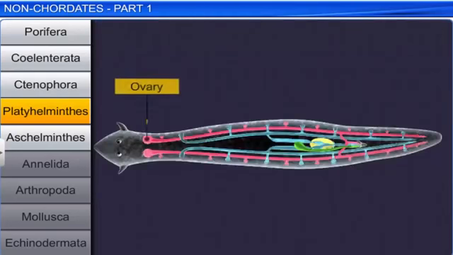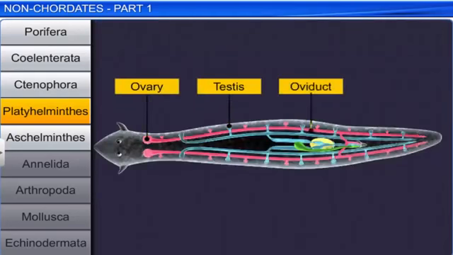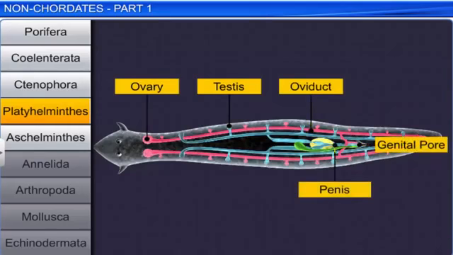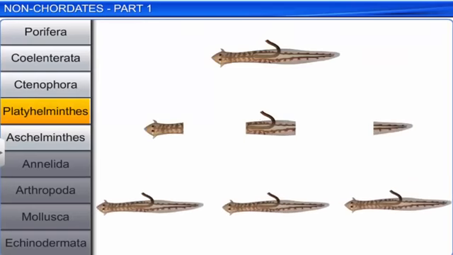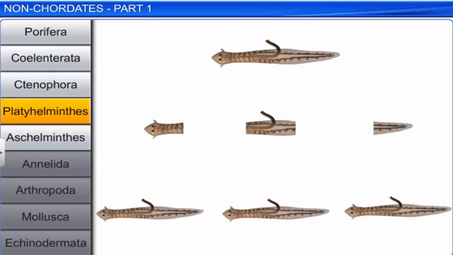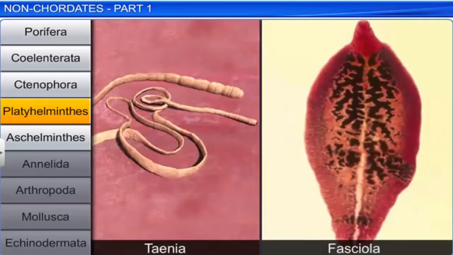The members are hermaphrodite. Fertilization is internal and development is through many larval stages. Some members, like Planaria, possess high regeneration capacity. Taenia and Fasciola are some common flatworms.